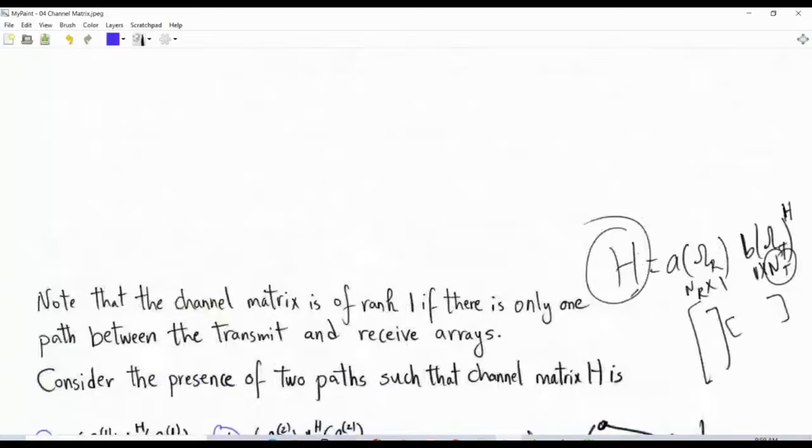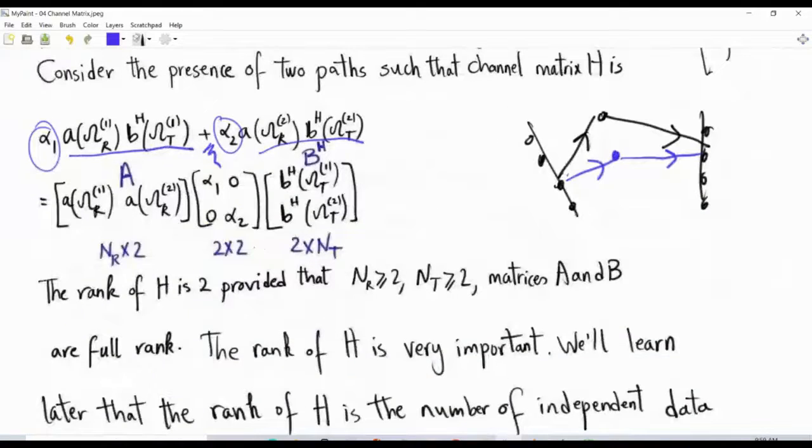If you have 1 scatterer, this is a rank 1 matrix, no way around it. If you have 2 scatterers, you have the possibility of raising the rank to 2. But is it guaranteed? If you have 3 scatterers, you can raise the rank to 3. But is it guaranteed? We need to understand this part, because this is very important.